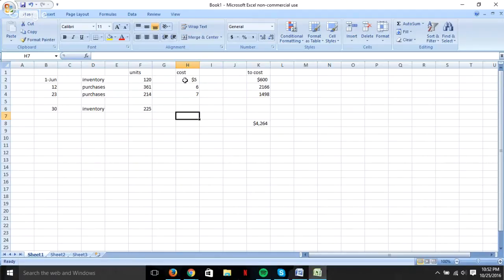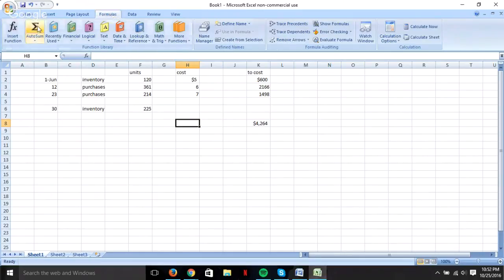And just do the same in this column, again for future reference because we'll need it for the rest of the problems. There we go. That's what we need.